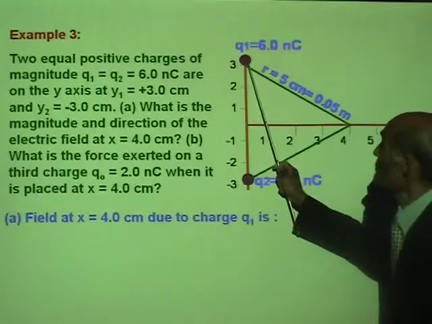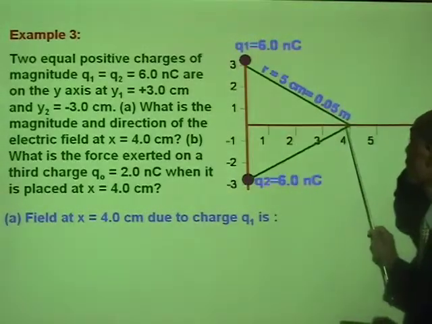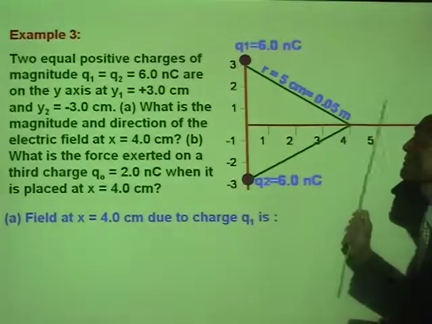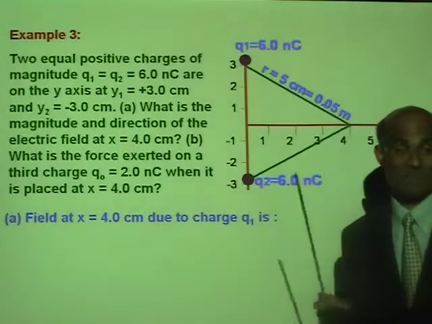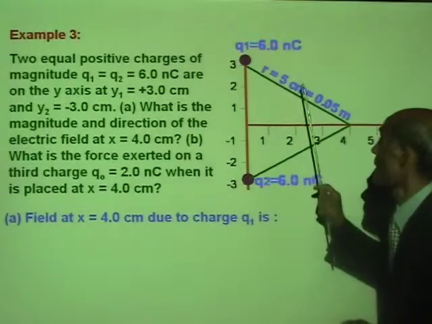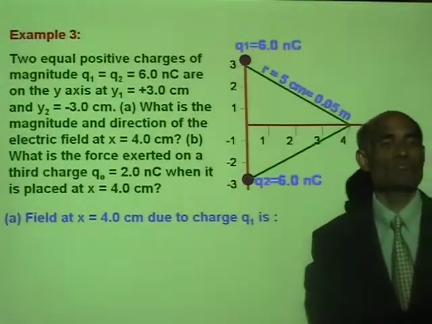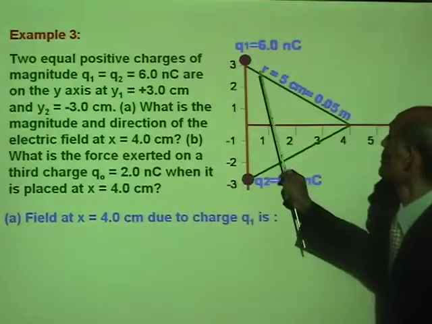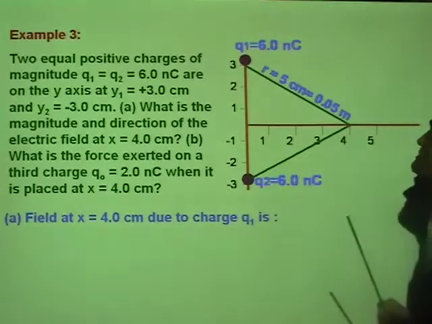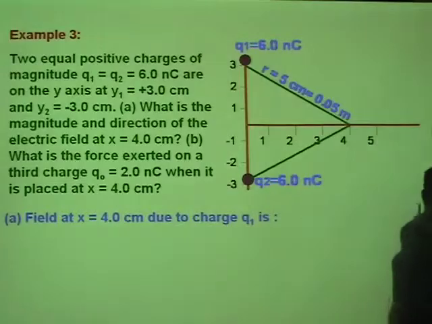You know that this distance is 3 centimeter and this distance is 4 centimeter, and therefore the length of that diagonal will be 5 centimeter. Is that right? Because 3 squared plus 4 squared equal to 5 squared. 3, 4, 5 are called Pythagorean triples. So the distance of Q1 from the point is 5 centimeter, which is 0.05 meter.